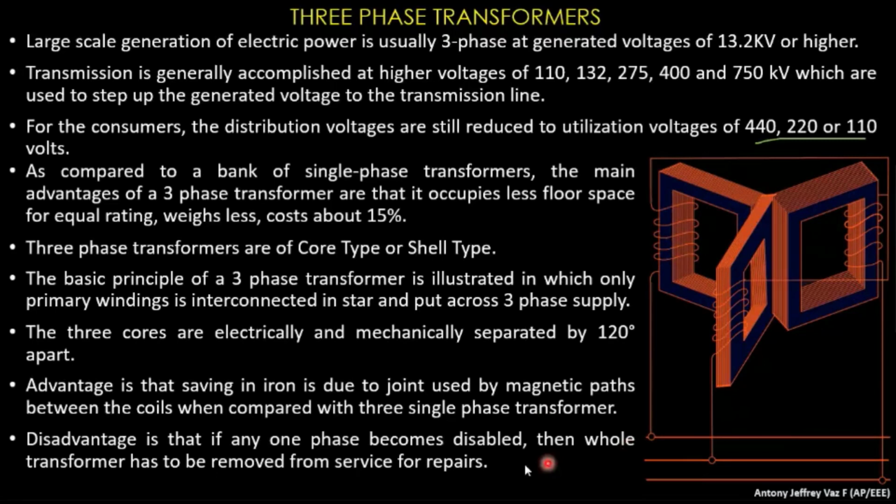The disadvantage is that if one phase becomes disabled, then the whole transformer has to be removed from service. If any one phase gets damaged in the three-phase transformer, then the complete transformer has to be removed from service.